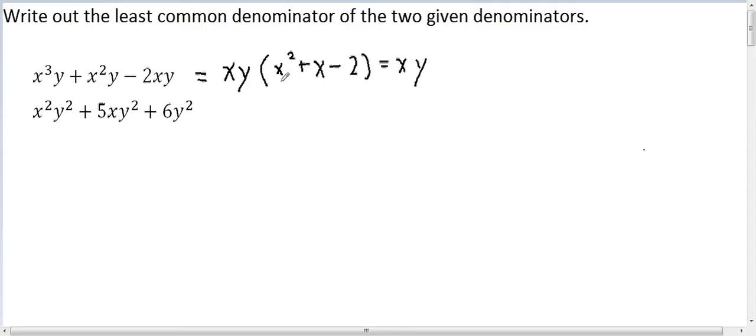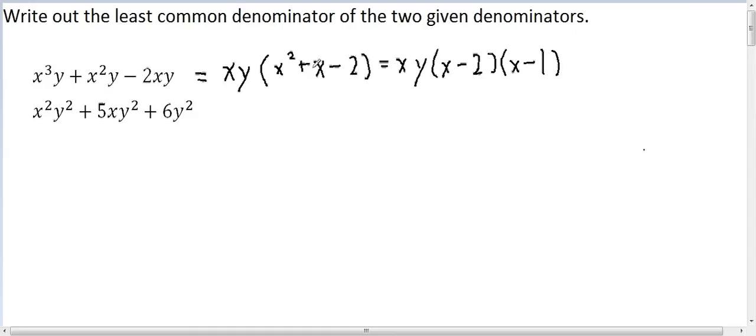Since the coefficient of x squared is 1, we know that we end up with x and x. 2 is a prime number, so when we factor 2, we're going to end up with 2 and 1. The minus sign in front of 2 tells me that one of these numbers should be positive and the other should be negative.